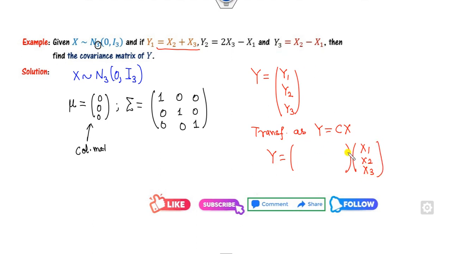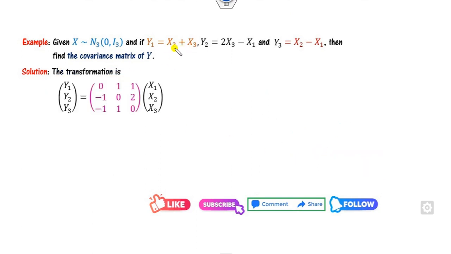What is my y? The coefficients of y1, x1, x2 and x3: 0, 1, 1. So I can write here, this is the 0, 1, 1. Minus 1, x2 will be 0 and here. Now your target is to check, because this is my c. Fine. I can compare this y is equal to cx.